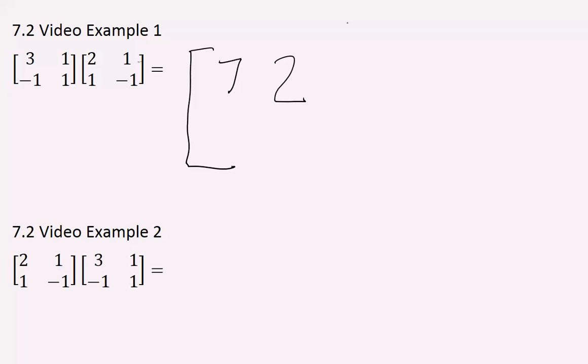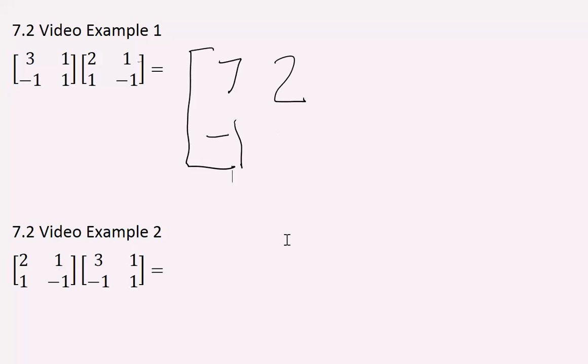Now we'll look for the term that's below the 7. To find this one, we take the second row of the first matrix, minus 1 and 1, and multiply it by the first column of the second matrix, 2 and 1, or minus 1 times 2 plus 1 times 1, to get a result of minus 2 plus 1, or minus 1.